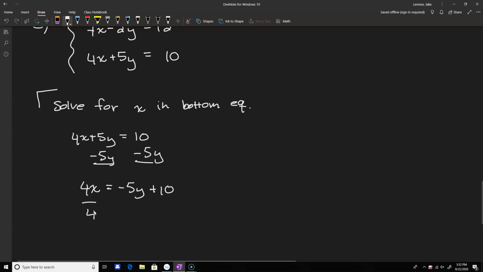And then I want to divide by 4 on both sides, so I just have x on the left-hand side, and on the right-hand side I split that into 2 fractions. So I have minus 5 over 4 times y plus 10 over 4, which is the same thing as 5 over 2 as a simplified fraction. Then what we want to do is plug this into the top equation.